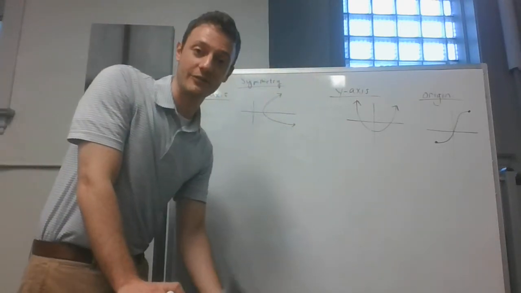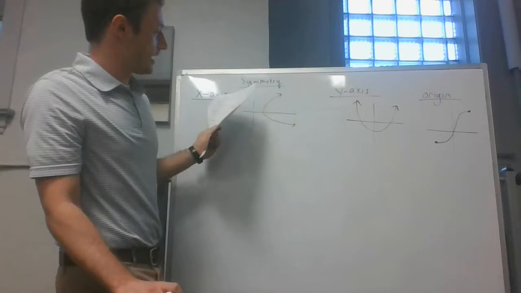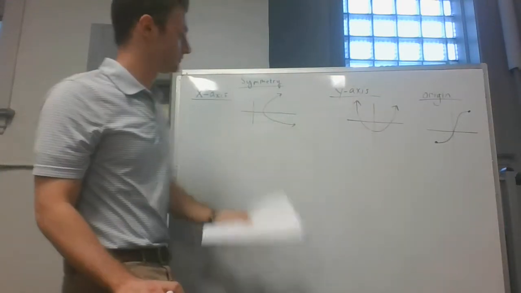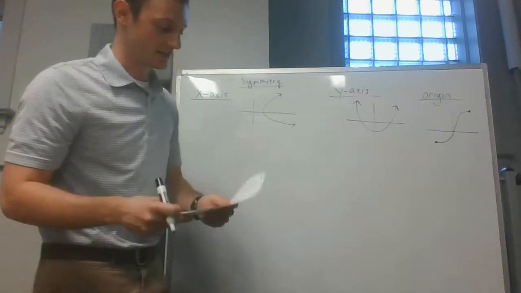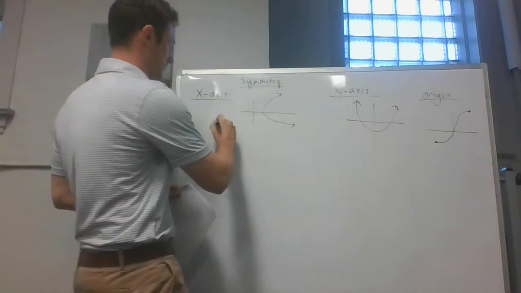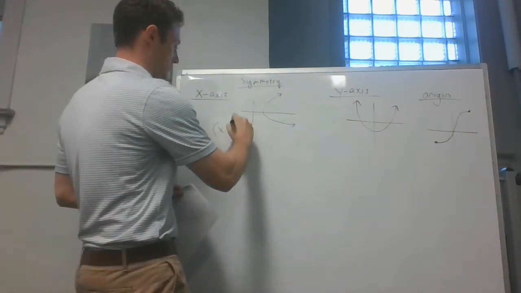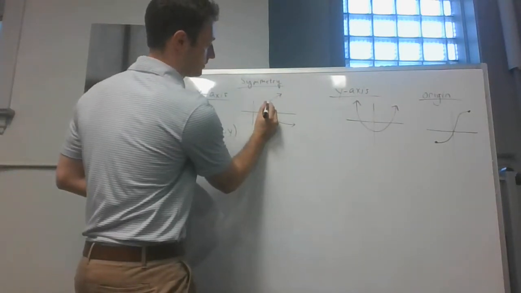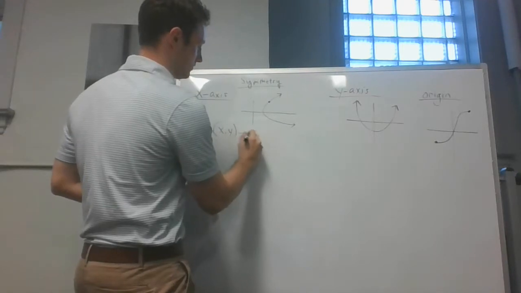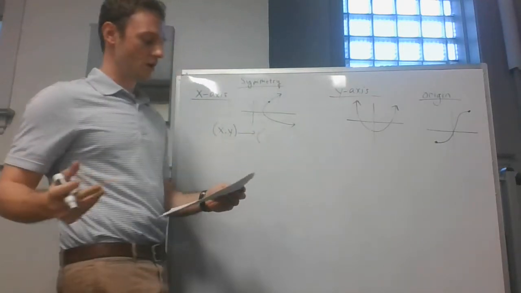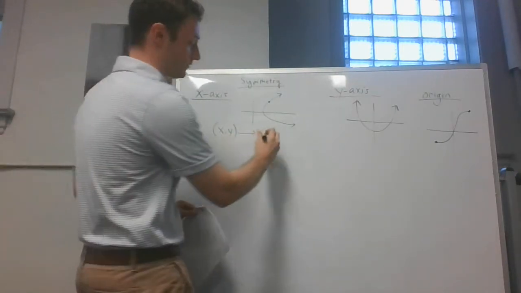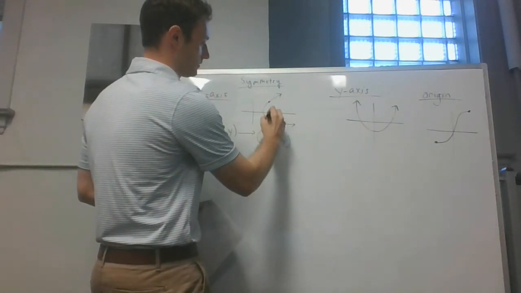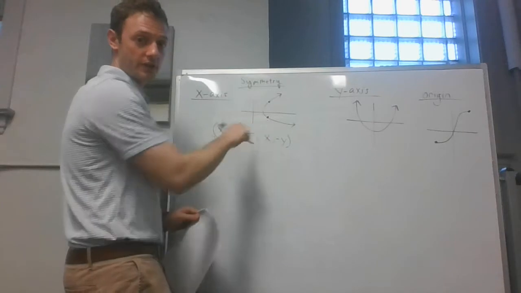So we're looking at three different kinds of symmetry: symmetry about the x-axis, about the y-axis, and about the origin. For symmetry about the x-axis, if you're given an xy point, say right here, you know that on that graph is also x, negative y, which would be right there.